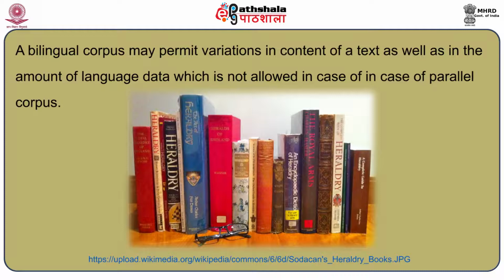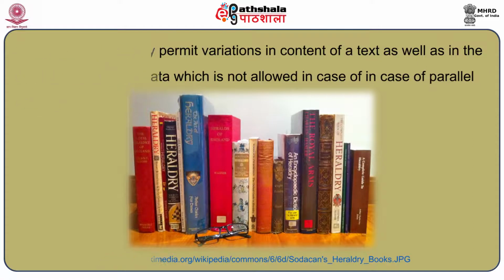A bilingual corpus may permit variations in content of a text as well as in the amount of language data, which are not, however, allowed in the case of a parallel corpus. We'll discuss what a parallel corpus is in our next modules.